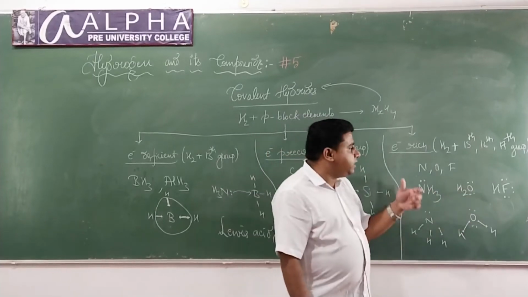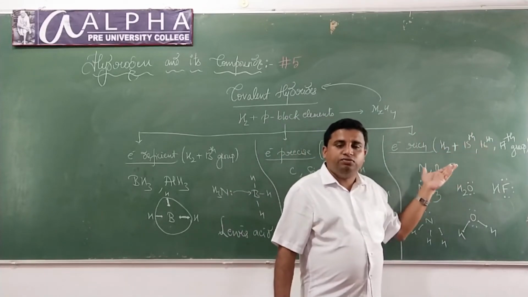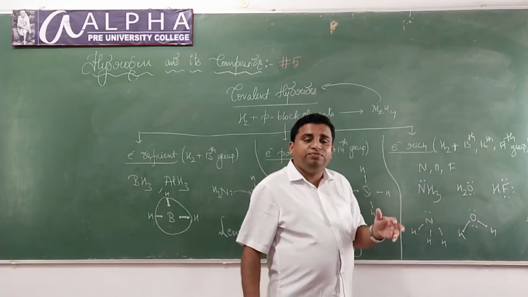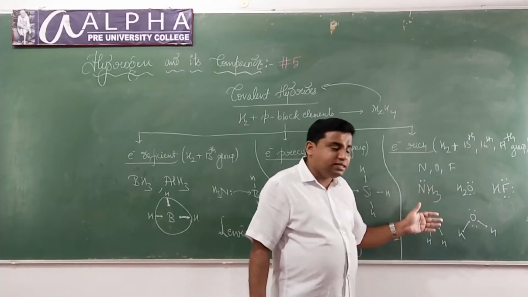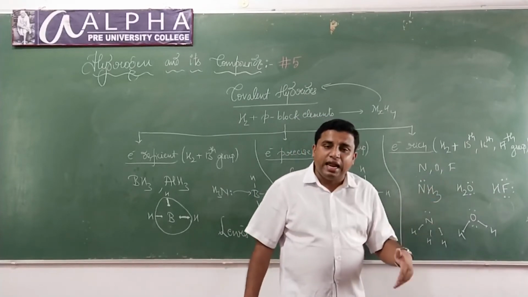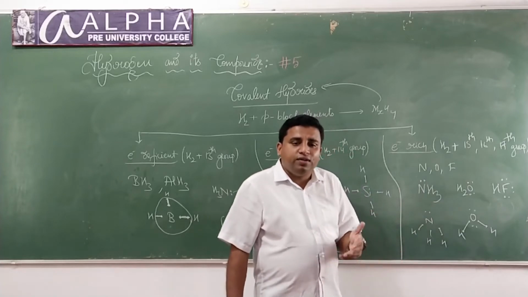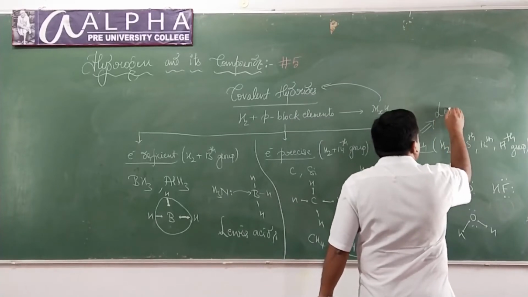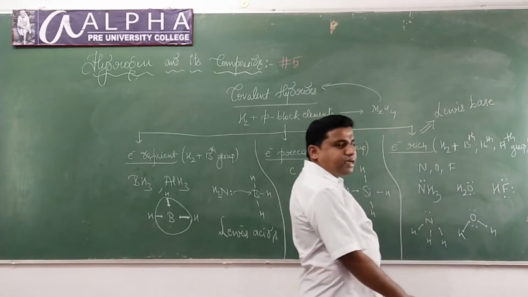Like this, if hydrogen combines with 15, 16 and 17 group elements, it will form electron rich hydrides. They are rich in electrons, and these electrons can be donated. That means these hydrides act as electron donors, so they behave as Lewis bases.